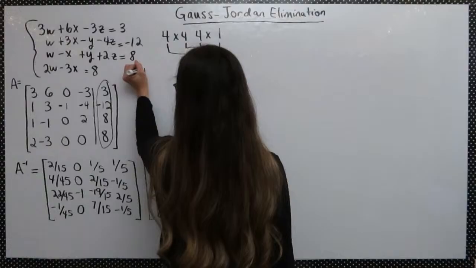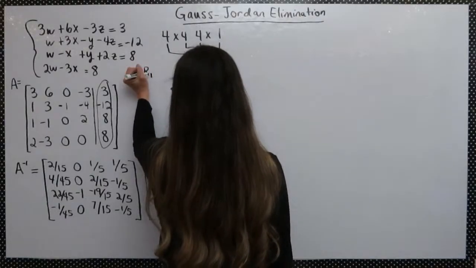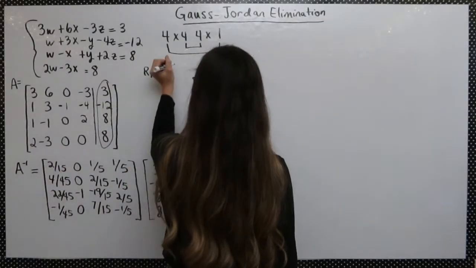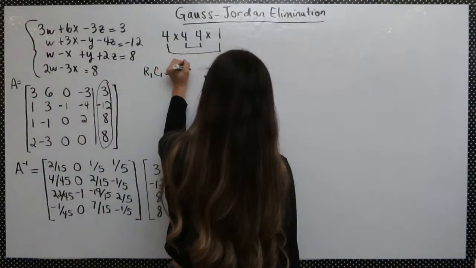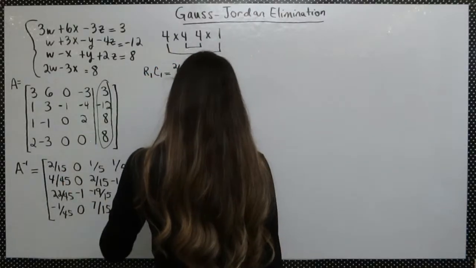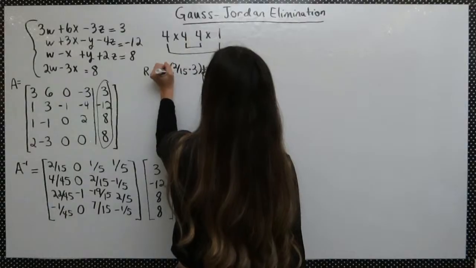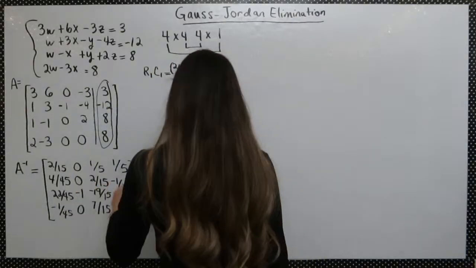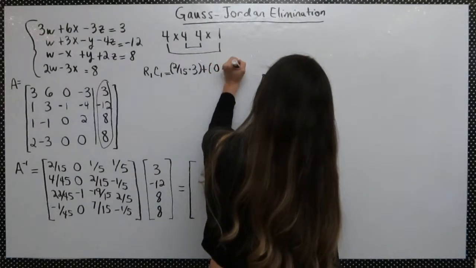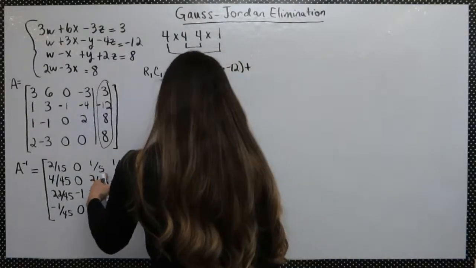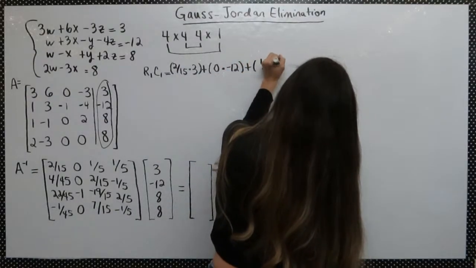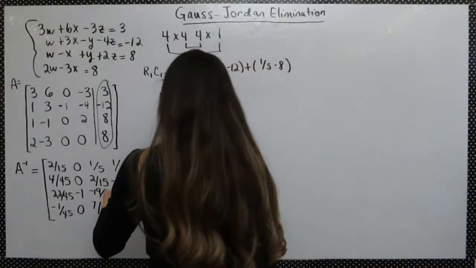So we're going to say row 1 times column 1, and that's 2/15 times 3, plus 0 times -12, and we'll use some parentheses here because it's going to be a lot, plus 1/5 times 8, plus 1/5 times 8.